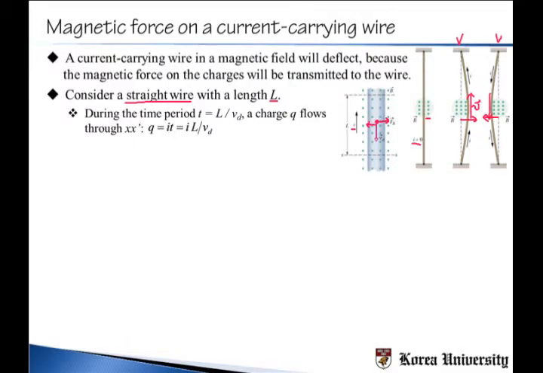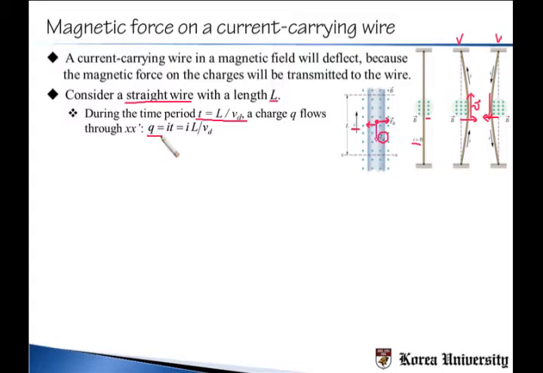How long does it take for these charged particles to move across the distance L? We assumed that this velocity is Vd, which is our drift velocity. Then the time taken for this travel will of course be length divided by the velocity, which is L divided by Vd. During this time period, if you have the current flowing by I, how much charge has moved from one end to the other?